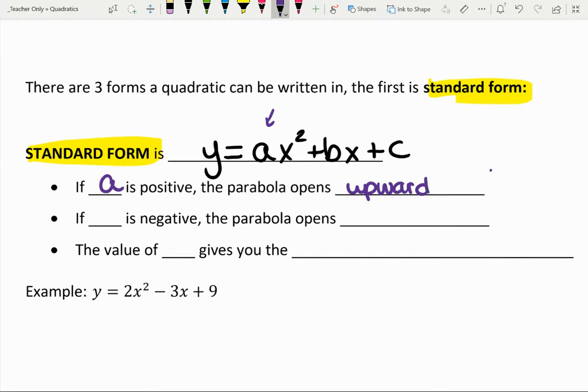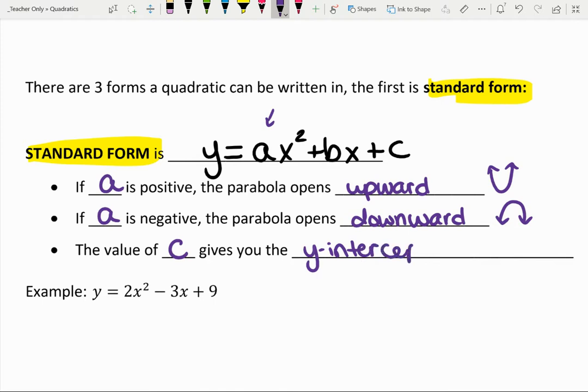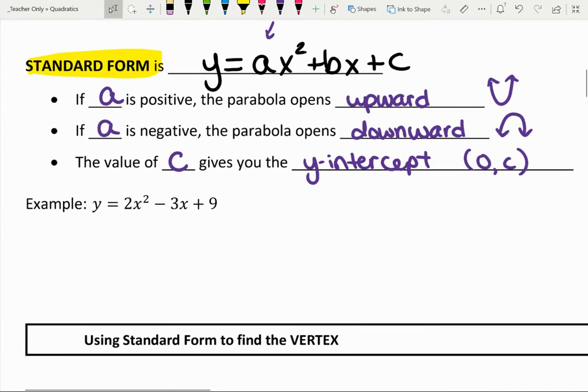We'll have a concave up parabola, whereas if a is negative, the parabola opens downward. We'll have a concave down parabola. And the other thing that standard form tells us is that value of c. It actually tells us the y-intercept of the parabola, where it crosses the y-axis, and it will tell us a coordinate point (0, c).